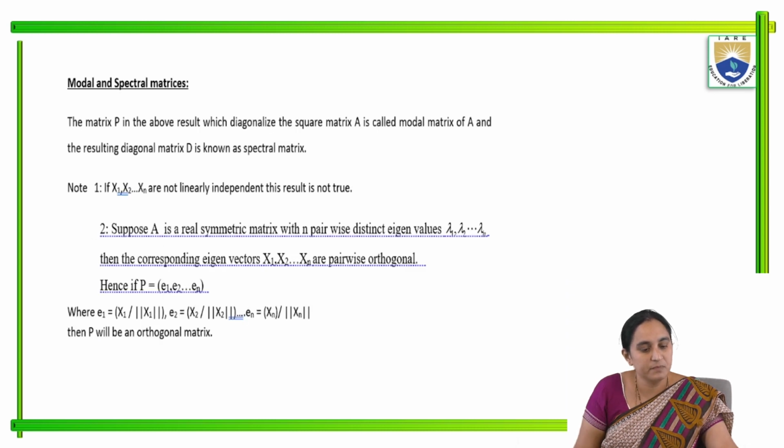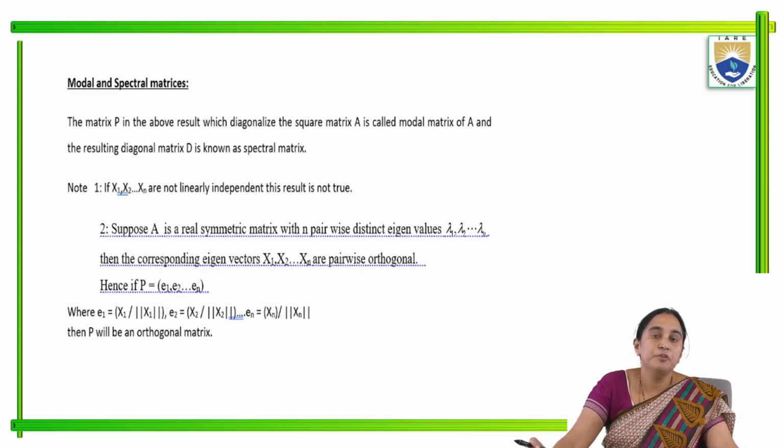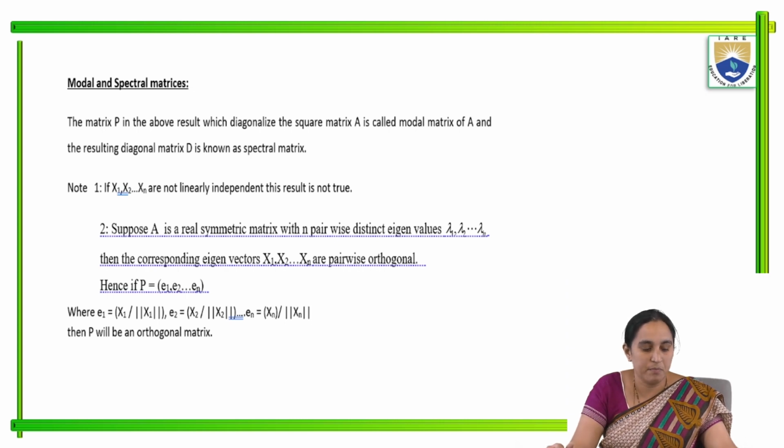Next, the modal and spectral matrix. What are modal and spectral matrices? If you know the basics, we can easily get the diagonalization of a matrix. For that, first of all, we have to discuss the basic concepts of the modal and spectral matrix.